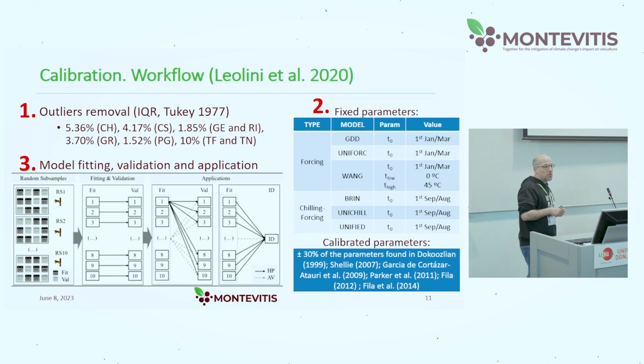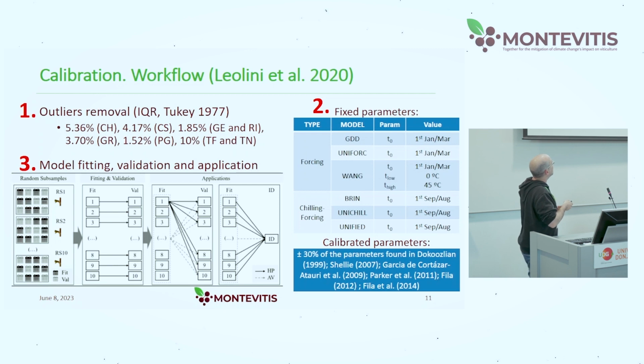For this, we fixed the starting point of the different models, in which for the forcing models it was fixed in the 1st of January or the 1st of March, and for the others the chilling forcing was fixed in the 1st of September or the 1st of August.